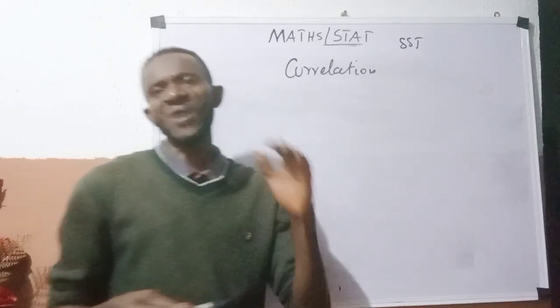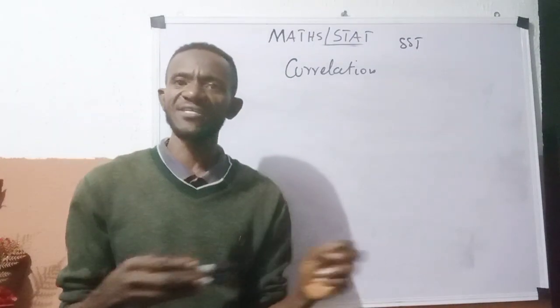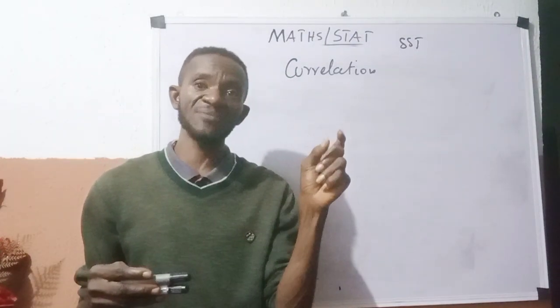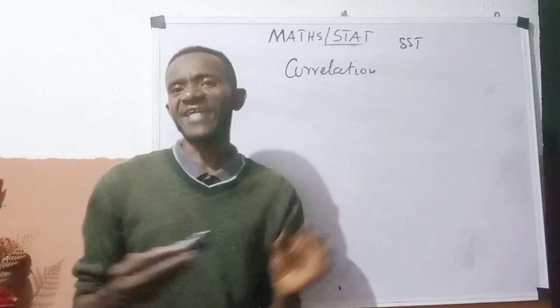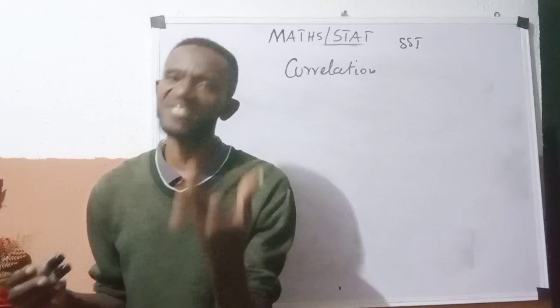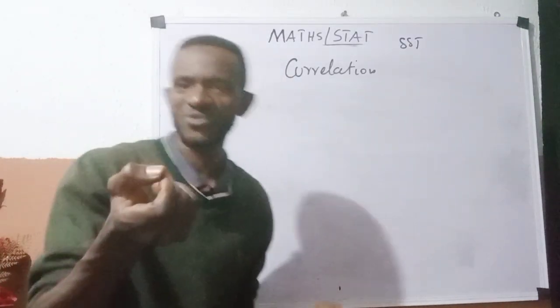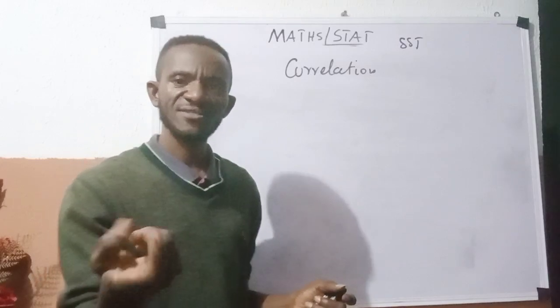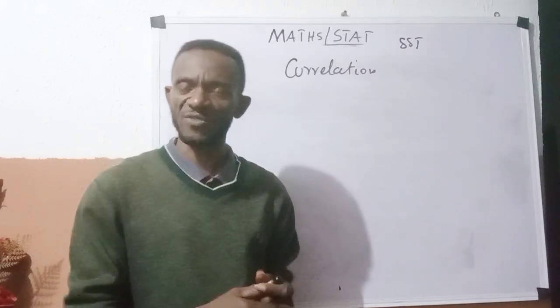Of course, when we talk about correlation, we are talking about, like I earlier said, the extent of relationship existing between two or more variables. And there are two formulas with which to obtain what we call the correlation coefficient. The correlation coefficient is that numerical value that tells us the extent of the relationship between two or more variables.